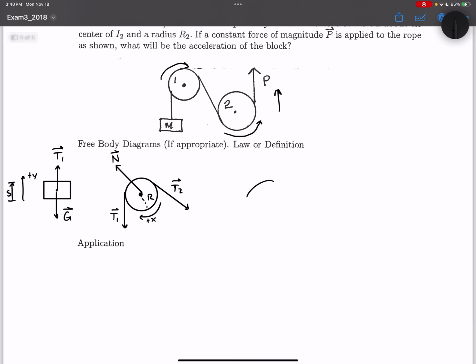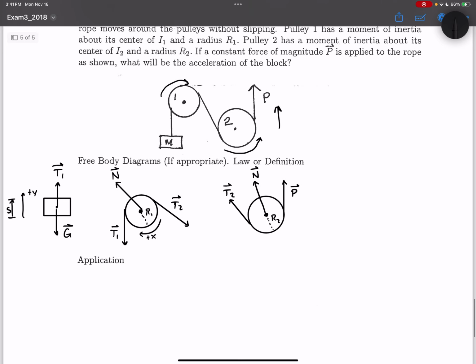And then we have our third pulley, which has a radius R2, and it has P acting up on it here, and it has tension 2 pulling on it in this direction, and then it's going to have a normal force to balance it out like this.